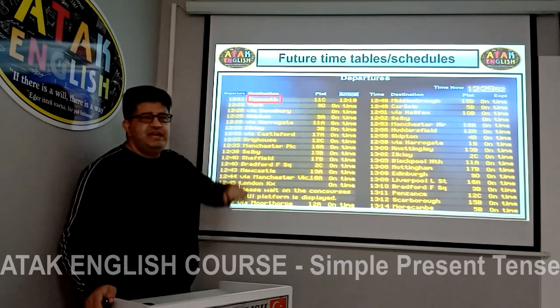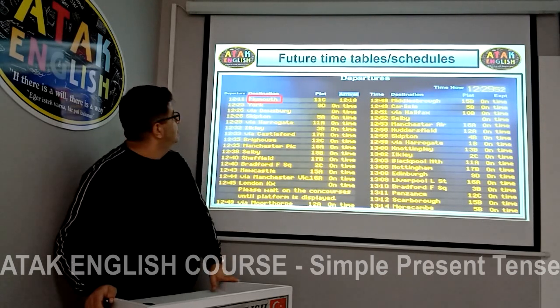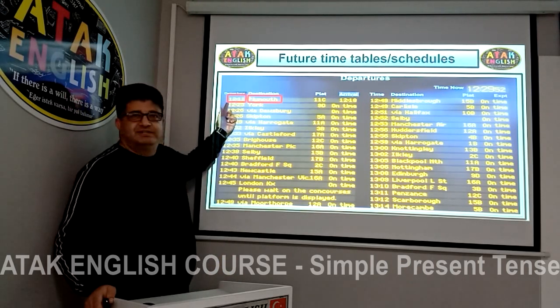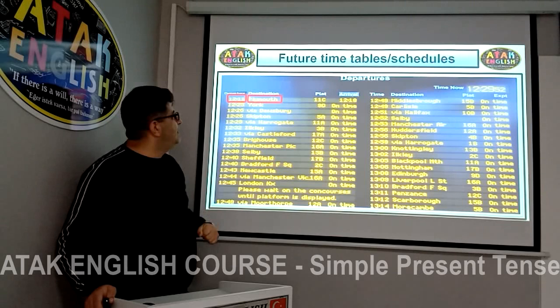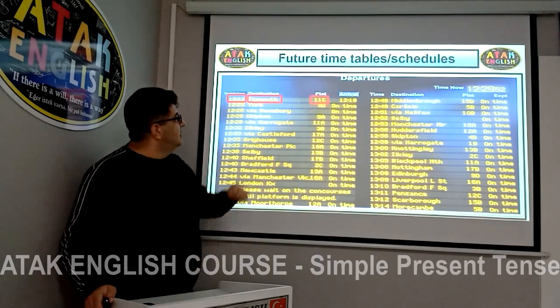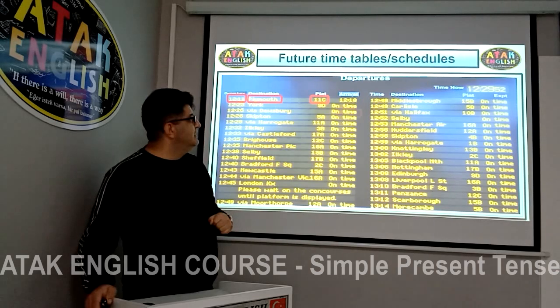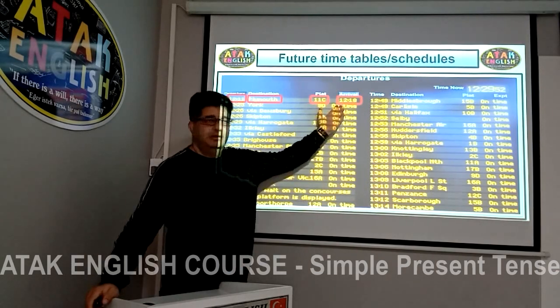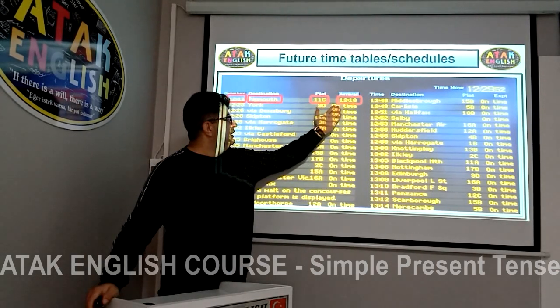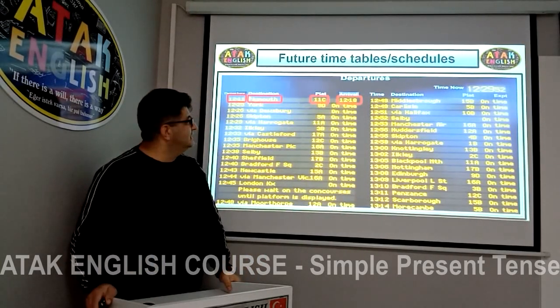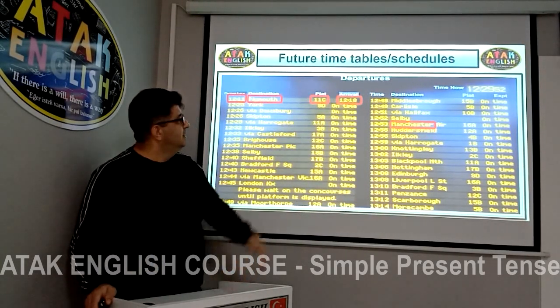The train for Plymouth departs, leaves at 12:11, from the platform 11C, and its arrival is 12:18.